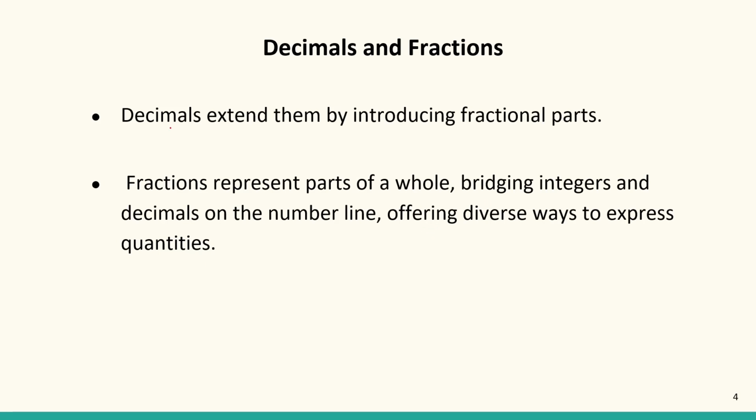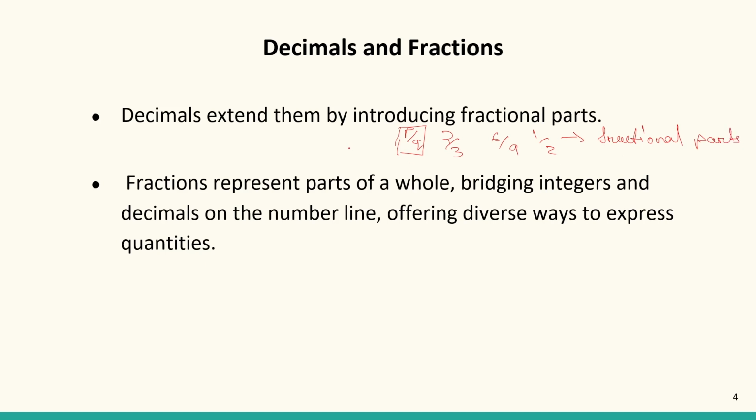So what do we mean by decimals? Fractional part means the part of the form p by q. Wherever you see something written of this form, p by q, that is 2 by 3 for example, or 6 by 9 or 1 by 2, these are fractional parts.